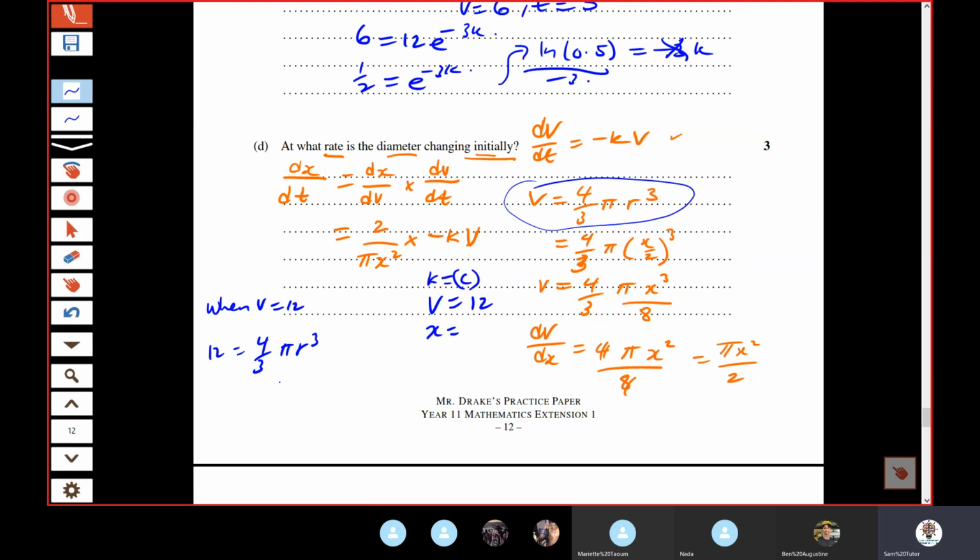So 12 times 3 divided by 4 divided by pi, cube root, answer, times 2. x should equal 2.84 whatever. Not exact, obviously. And then plug it all in and you'll get the answer you were looking for, which I'm not going to plug in because I think that's fairly straightforward.